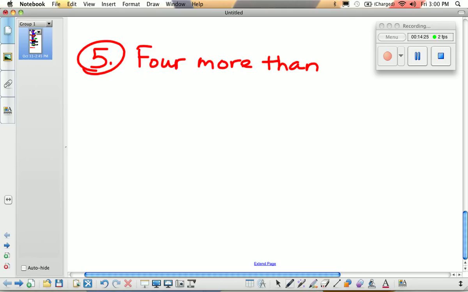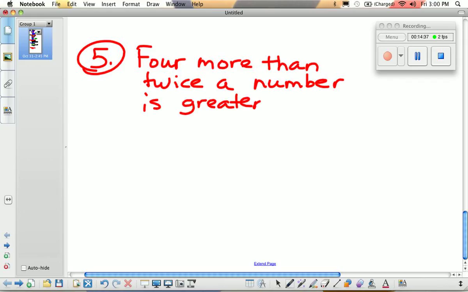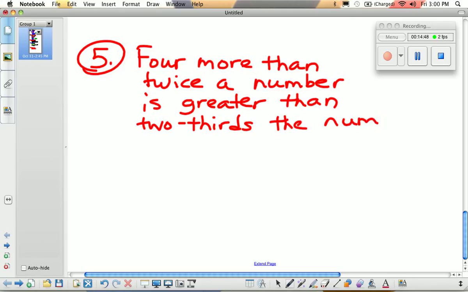Four more than twice a number is greater than 2/3 the number.